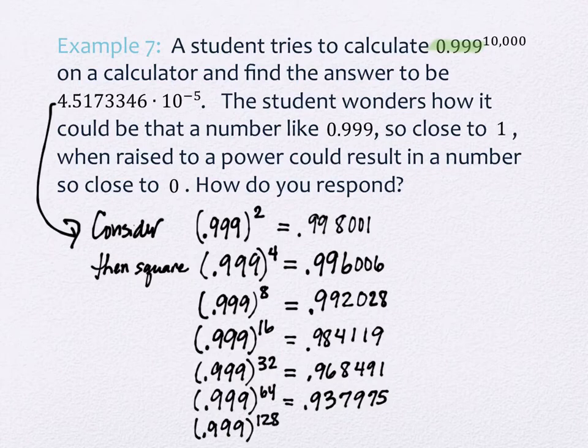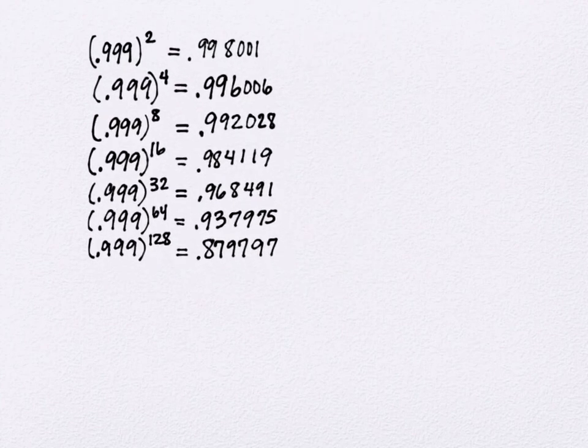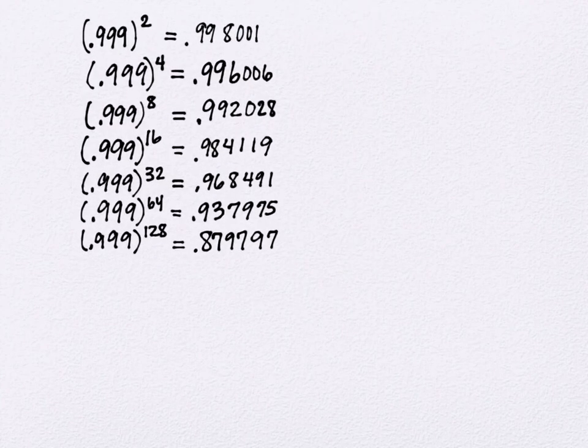64, 128, doubling the exponent each time. And lo and behold, what happened? I crossed the 0.9 mark, right? Okay, I think it's just a couple more times, 3 more times maybe.